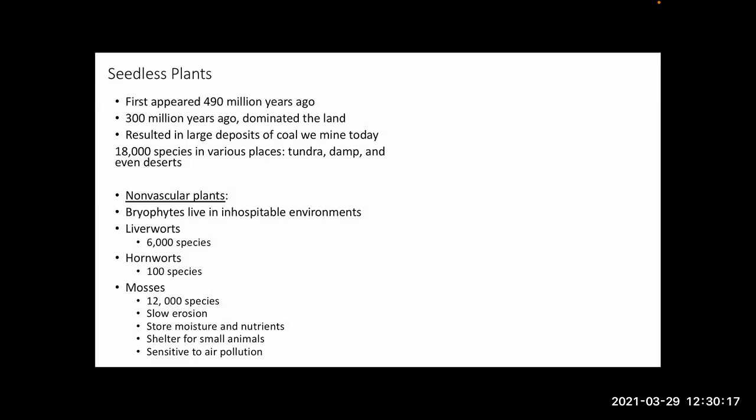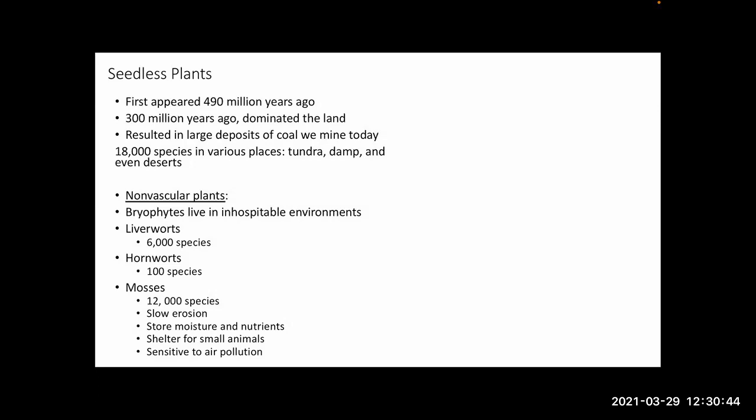And so the first seedless plants that originated in the terrestrial environment again were the bryophytes. And the bryophytes are really unique because they can live in these inhospitable environments. And so they can live in these soil-deprived environments, like on rocks, and they can really start soil formation processes.